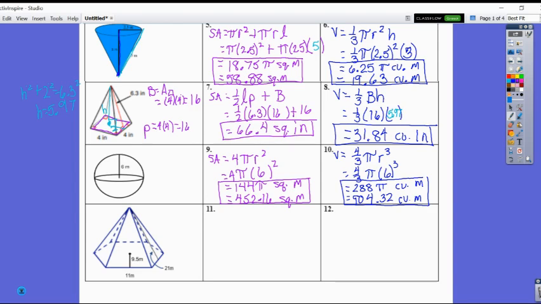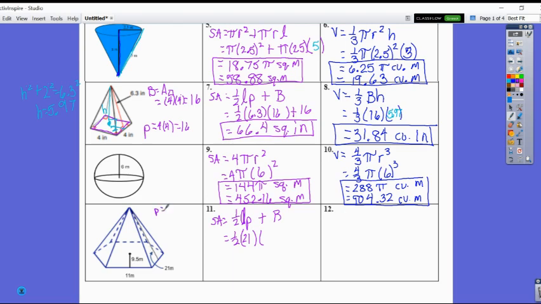We are looking at this hexagonal pyramid. So, to find the surface area now, surface area of any pyramid is 1/2 LP plus big B. So 1/2 times the slant height, that slant height is labeled for us as 21, and then times the perimeter.